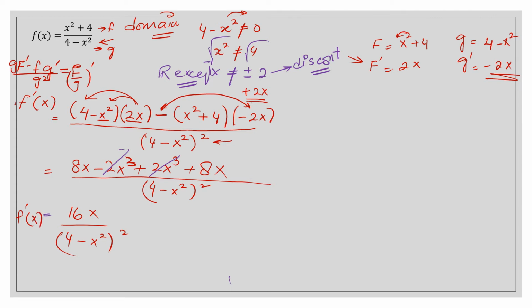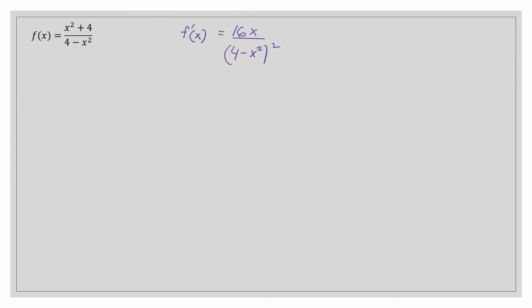Now, after taking the first derivative, find the second derivative. Here you apply the quotient rule again, and in this case your f is 16x and your g is 4 minus x squared whole squared. The derivative of f is 16, and for the derivative of g, apply the chain rule: bring the 2 in front, write the bracket as it is, and subtract 1 from the power, which gives you 1.